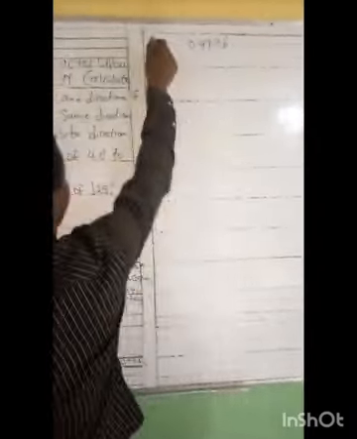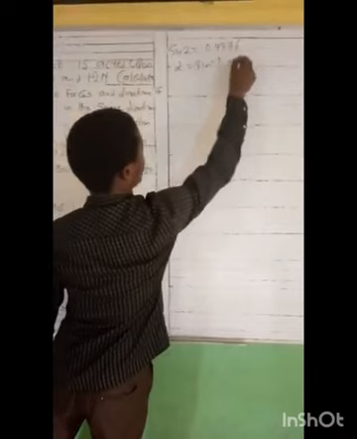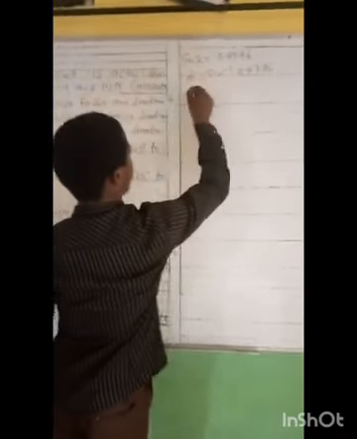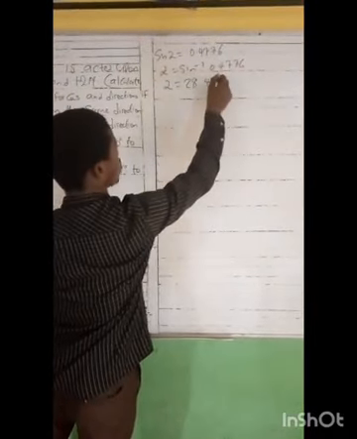So it means our sine alpha is equal to 0.4776. Definitely our alpha is equal to arcsine of 0.4776. And when I do that, my alpha is going to give me 28.49 degrees. Actually, that is the direction.